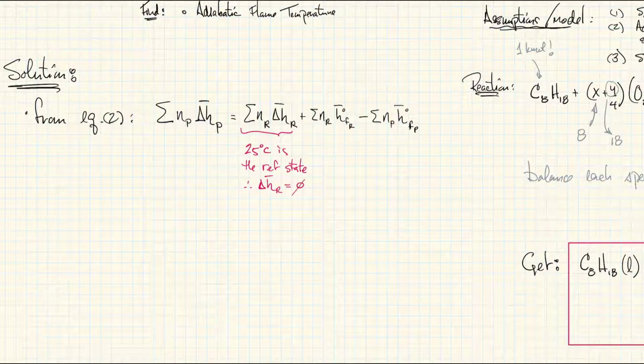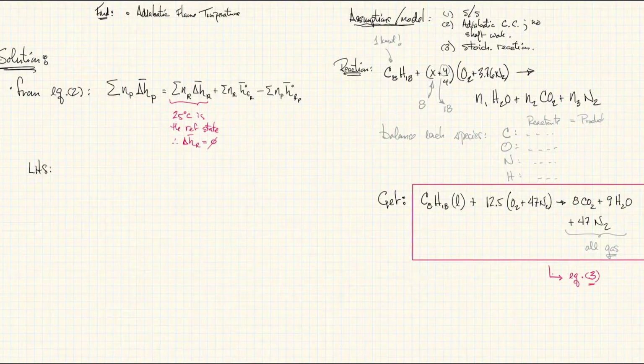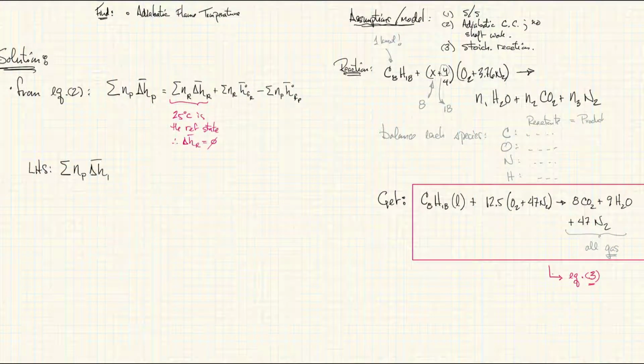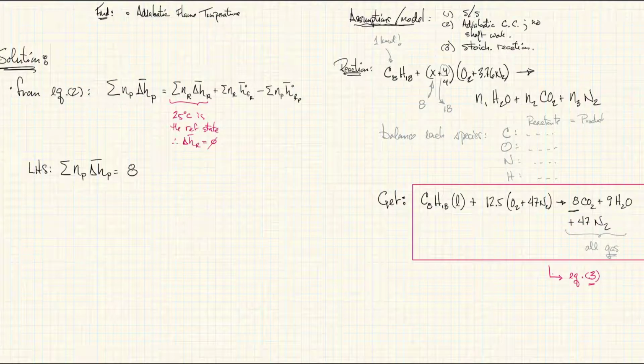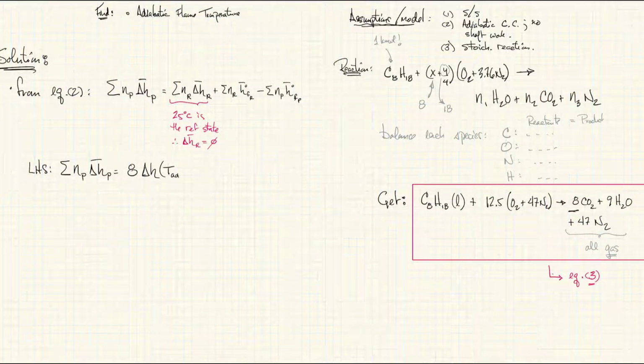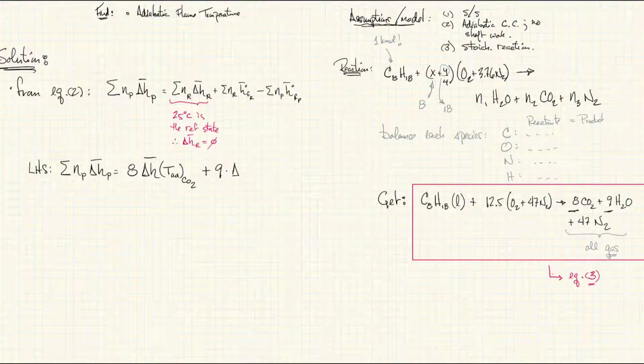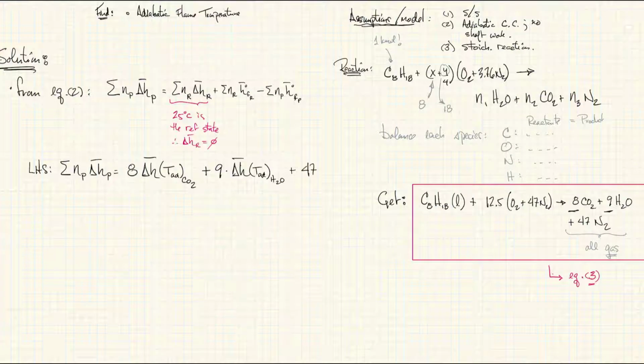Equation 2 gives us the change in enthalpy of the products compared to that reference state. So that's going to be a function of the new temperature, and the new temperature is the adiabatic flame temperature. For the reactants, since we're at 25 degrees Celsius to begin with, the change in enthalpy for those reactants is going to be 0 necessarily, because it's the same temperature.